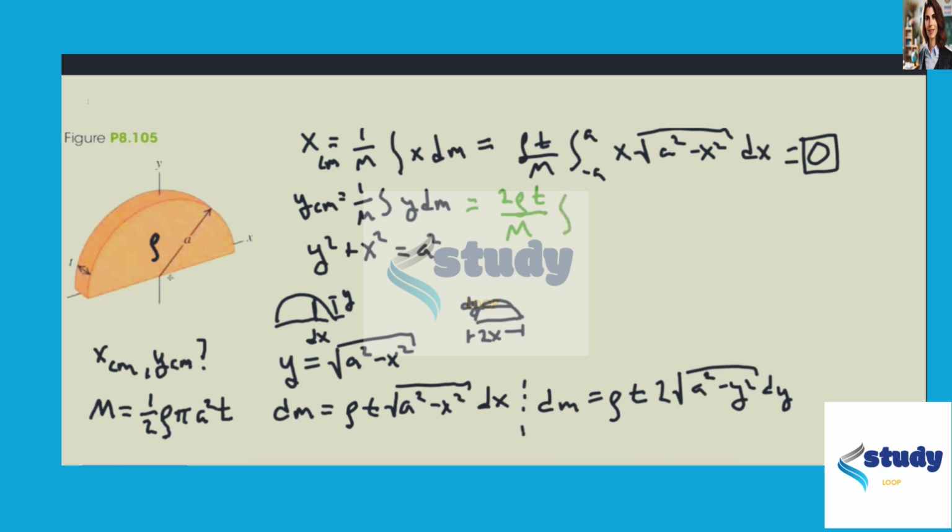Now y only goes from 0 to a. We have y times the square root of a squared minus y squared dy.